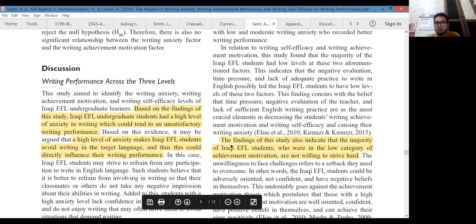And then further, the findings also indicate that the majority of Iraqi EFL learners who were in the low category of achievement motivation are not willing to strive hard.